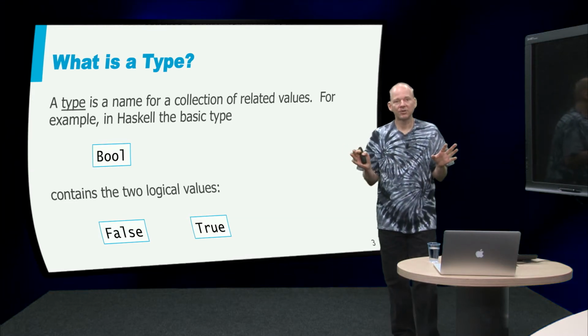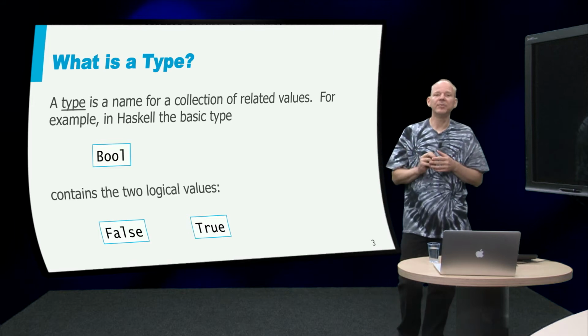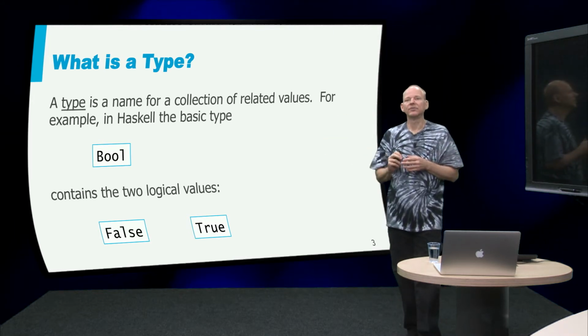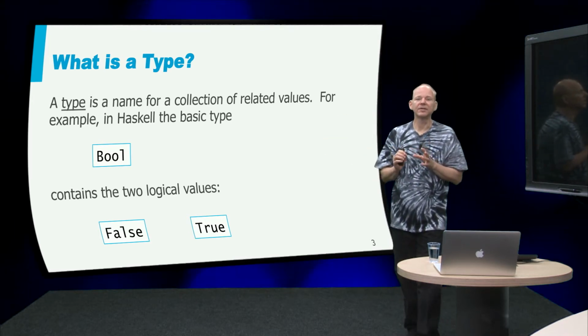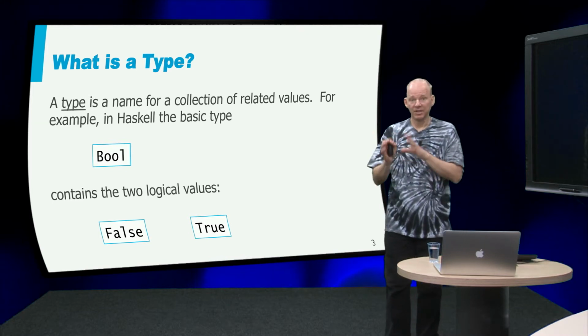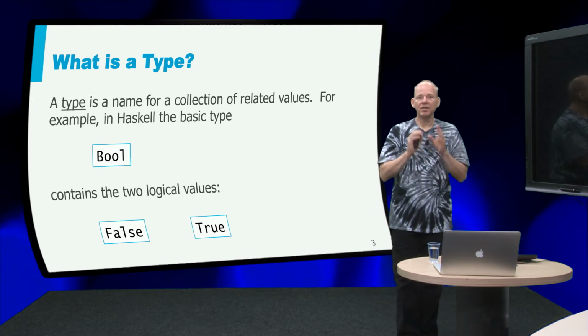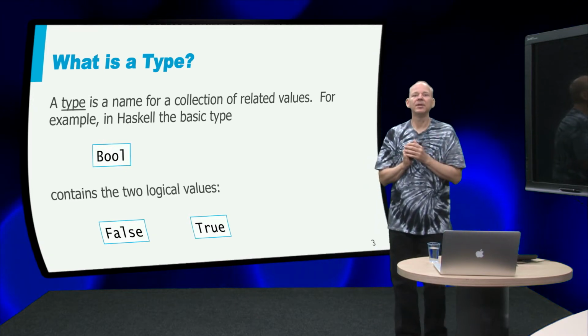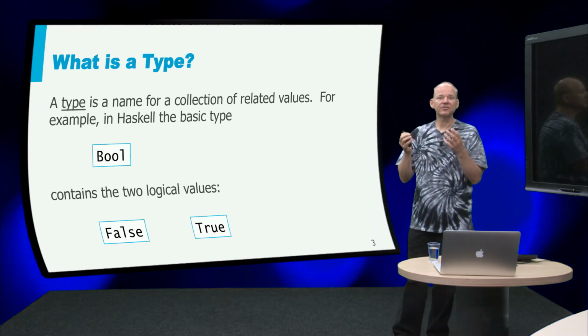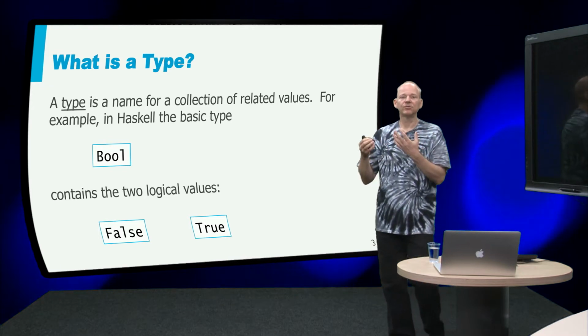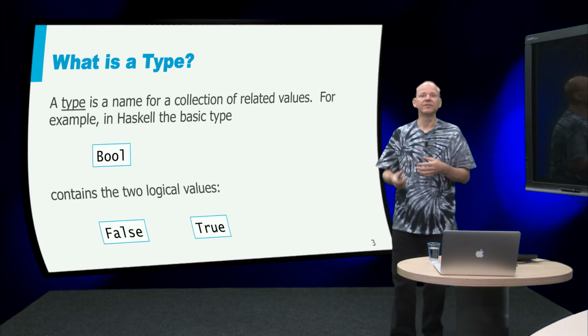But in this course, since we're going to stick to the basics, we will ignore the more complicated features like bottom. So for now, we will just say Bool is a type that names the set of values True and False, the Boolean values.